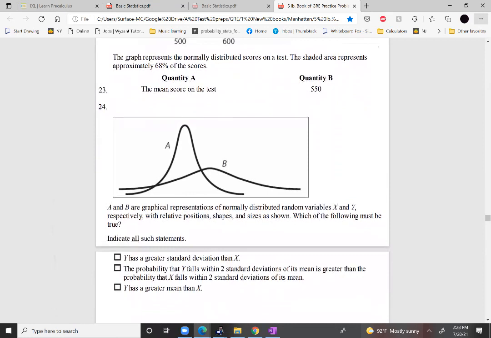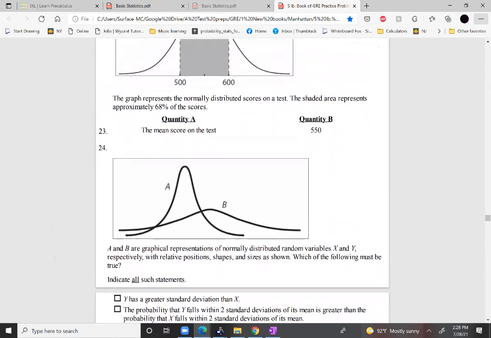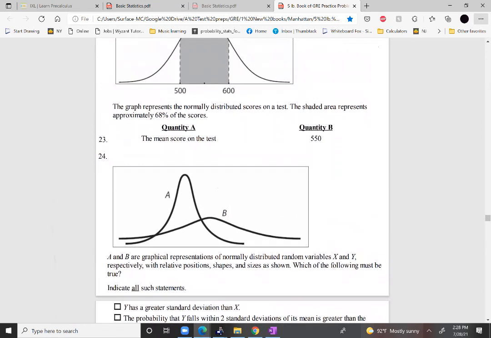Can you go up a little bit? Let's see. The graph represents a normally distributed variable. Shaded area is 68%. So the mean is always in the middle, right?